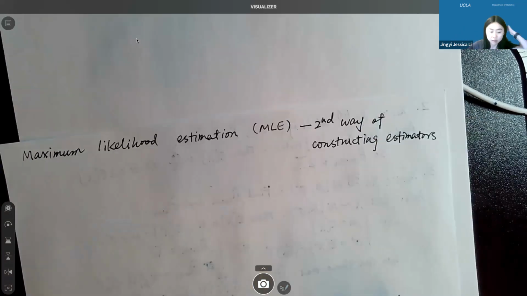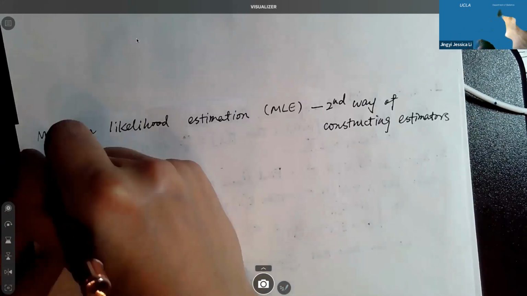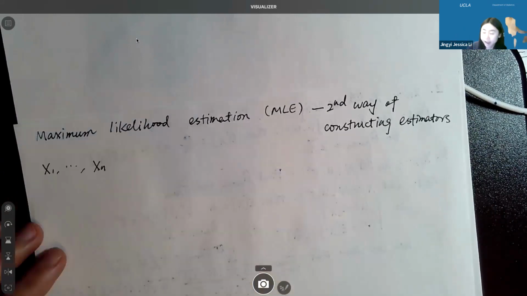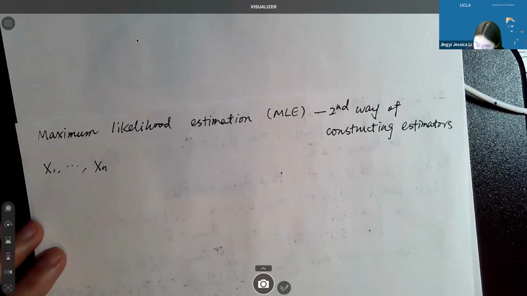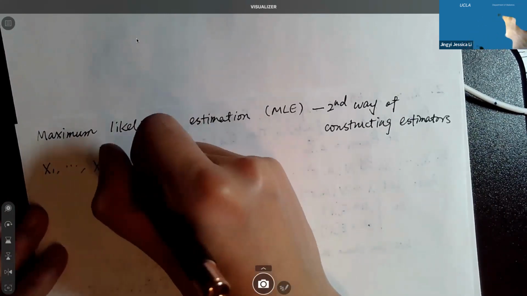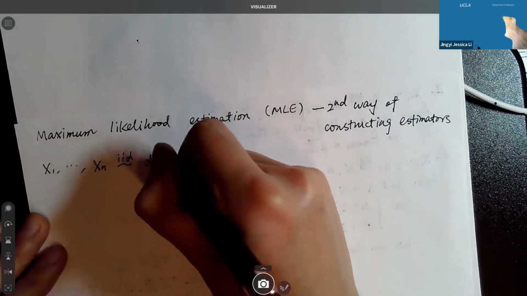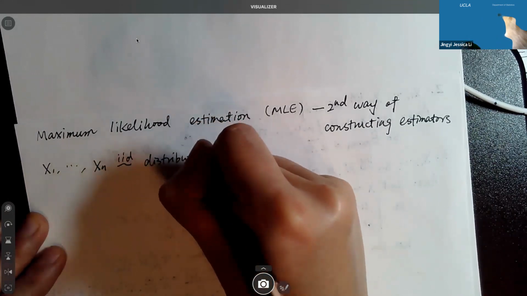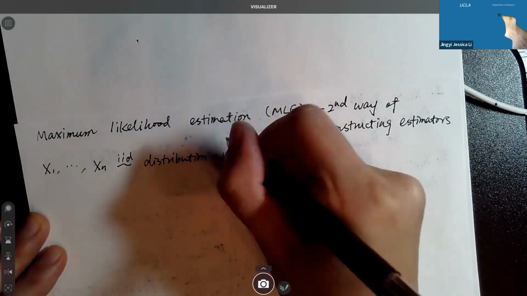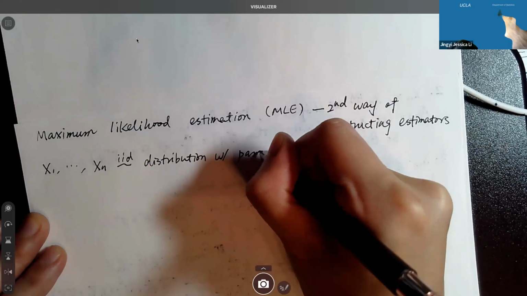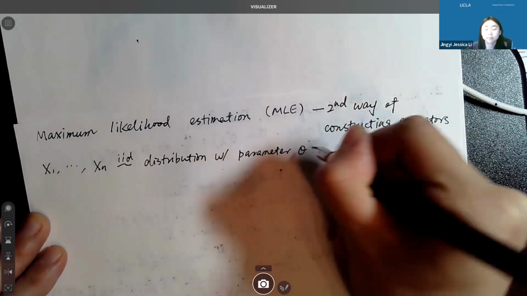Okay, so the setting is still that we have a random sample represented by IID random variables from a distribution with parameter theta, the same setting.